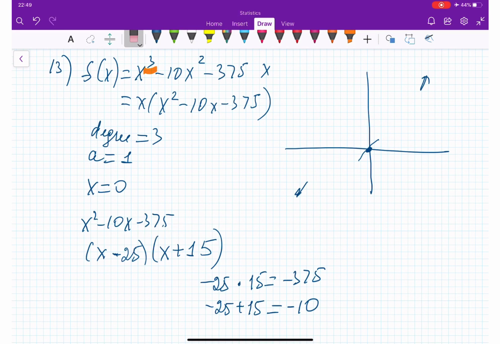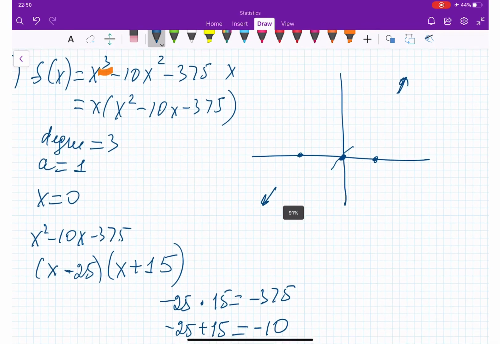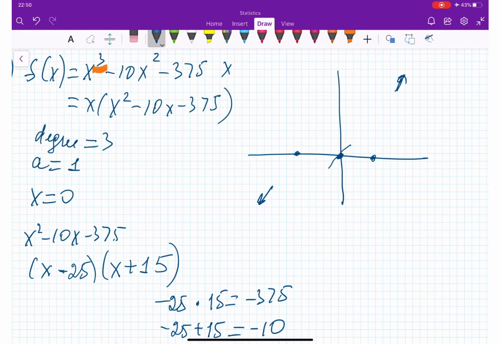Now, you don't have to go through all this, but one thing you have to know. Since we have an endpoint here and an endpoint here, we know we are going to have 2 points, right? One here, one here. More importantly, we need to know if it's going to cross like this, or cross like this.